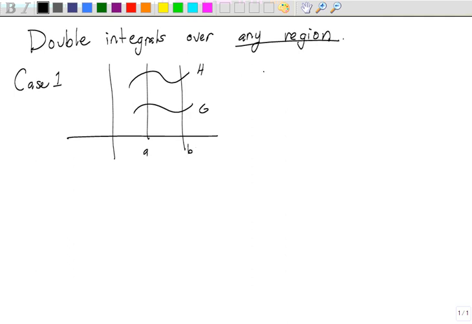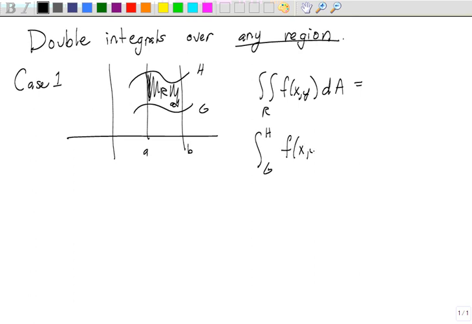So the integral, and this is the region right here, over R of the surface dA will be the integral first from h to g, dy, because those are y-equal functions, and then from a to b, dx.